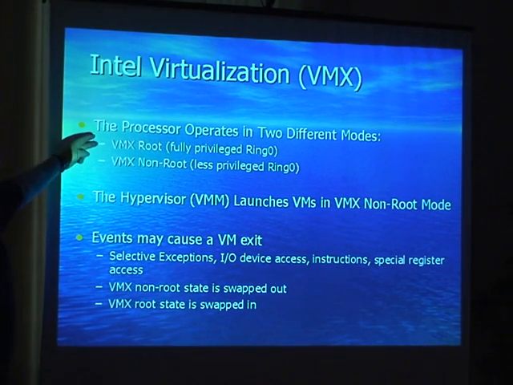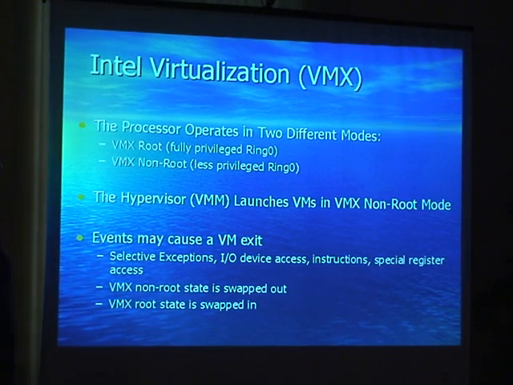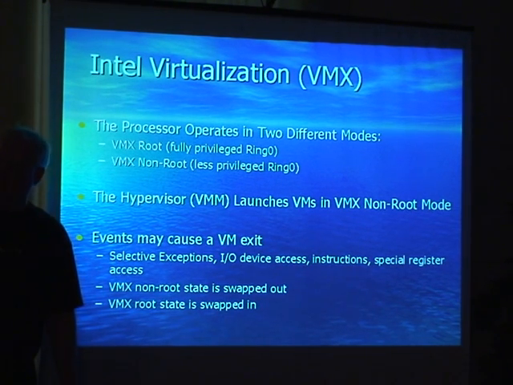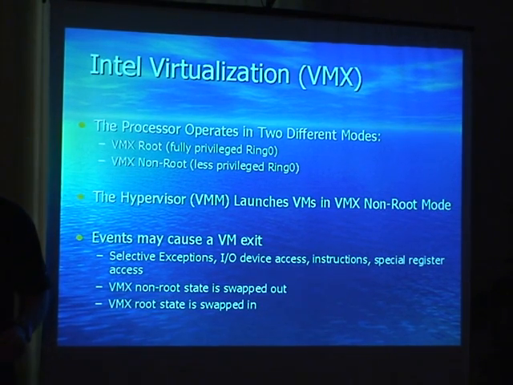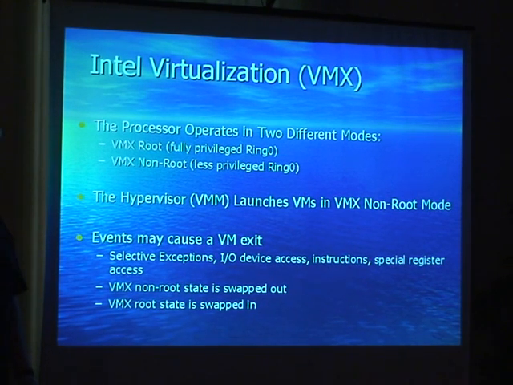And so the hypervisor will launch these into non-root mode. There's a number of events that will cause a virtual machine, this VMX non-root, to exit back to the hypervisor. For performance, you want to minimize that, but sometimes you want the hypervisor to handle certain pieces of code or certain events.